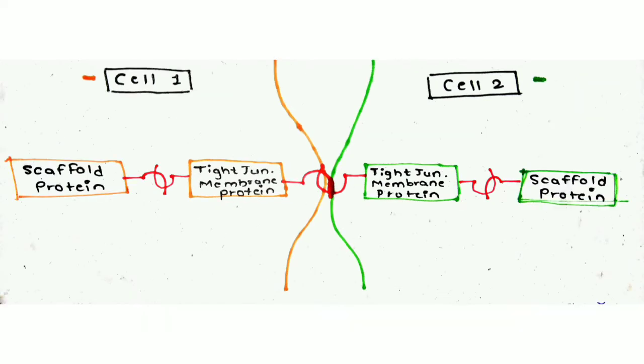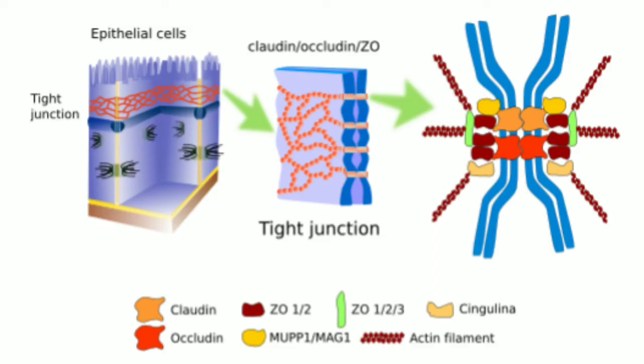Now this ridge is made up of strands. So the scaffold protein which makes the platform are anchored with the tight junction protein of the respective cells, so they can strengthen the strands of the ridge. To understand this in a better way, let's see the diagram here, which is a realistic one.